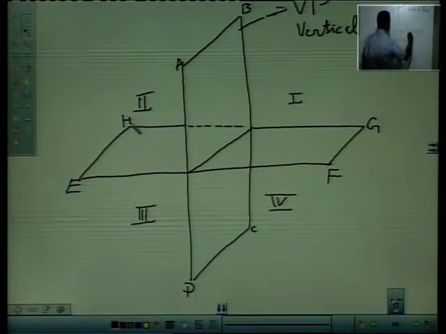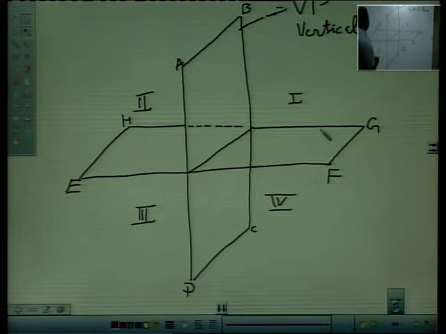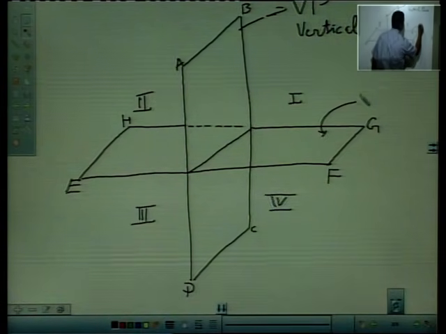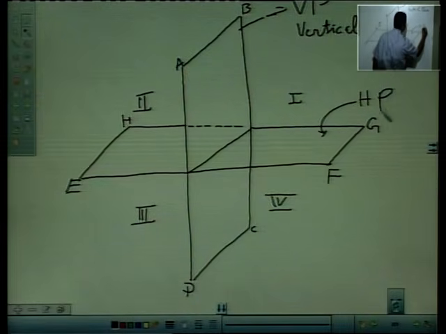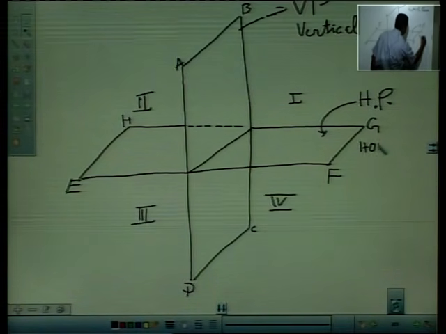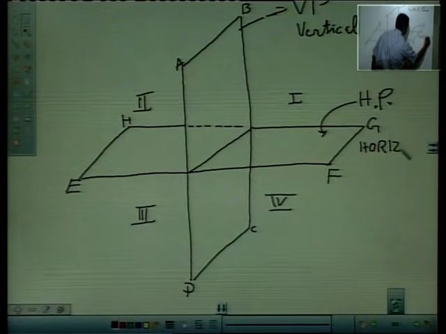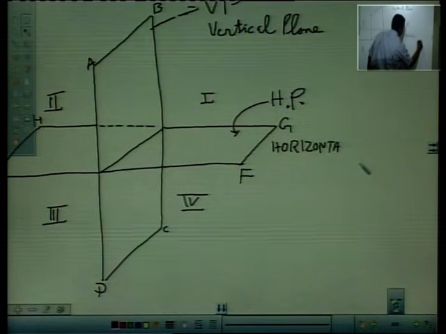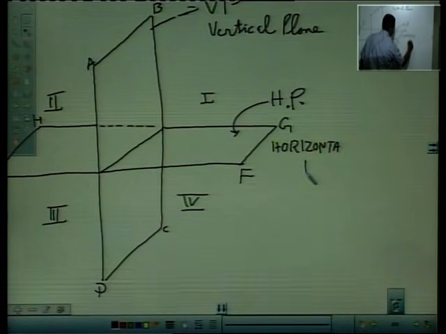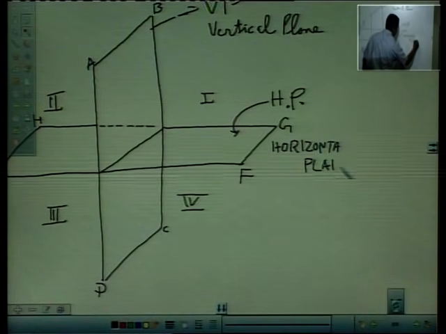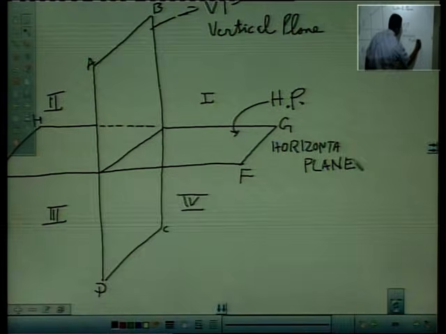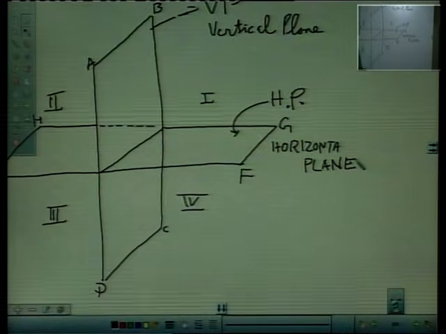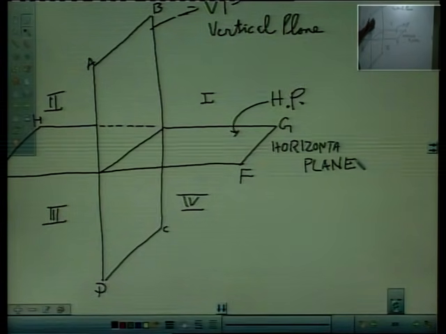So students should be aware of what is horizontal plane and what is vertical plane. Only then they will be able to draw projection of points. This is horizontal plane or HP. So one should clearly understand what is horizontal plane and what is vertical plane.